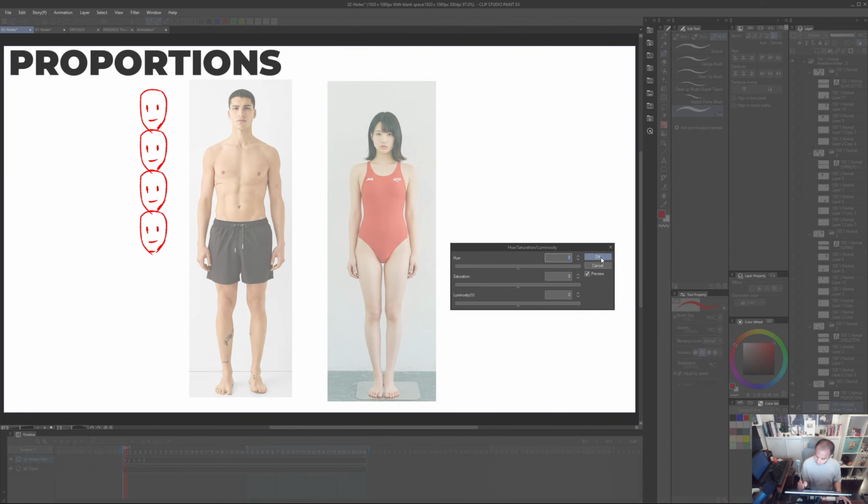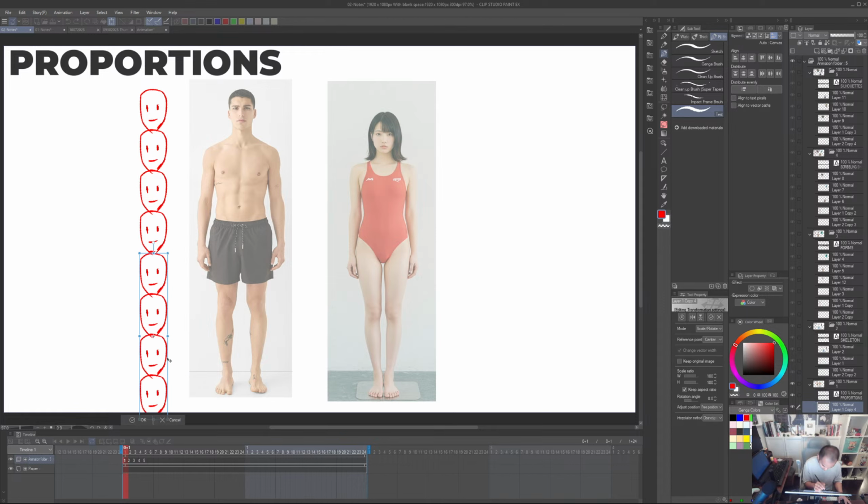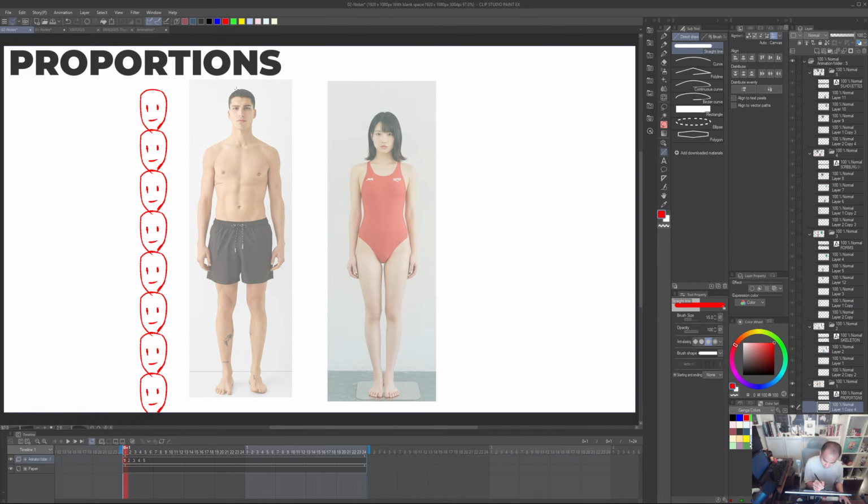We can see that this character, if we measure from there to about here, is about 7 to 8 heads.